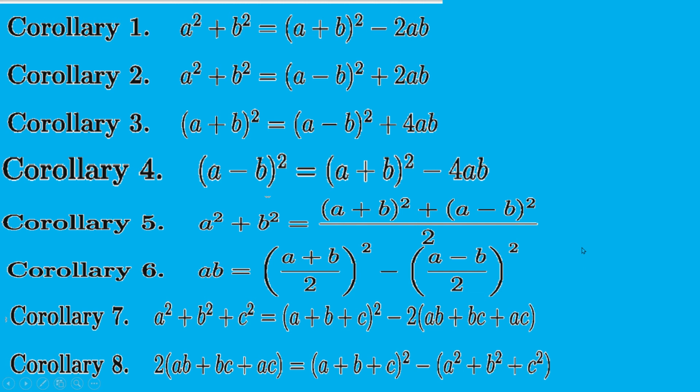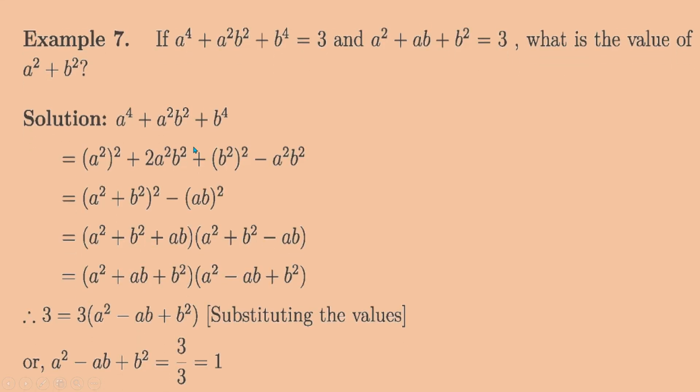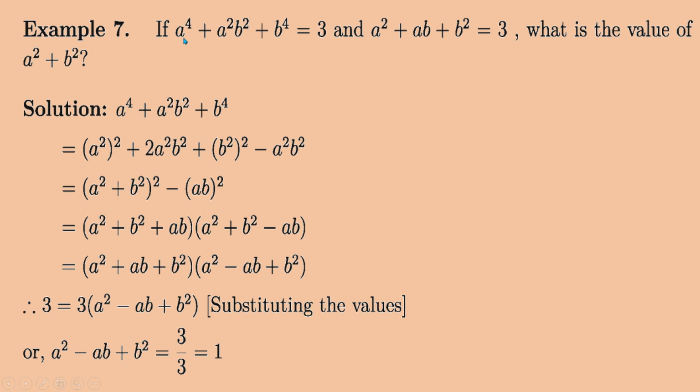Now follow the problems. Example 7. Here given a to the power 4 plus a square into b square plus b to the power 4 is equal to 3, and a square plus ab plus b square is equal to 3. What is the value of a square plus b square? Solution.